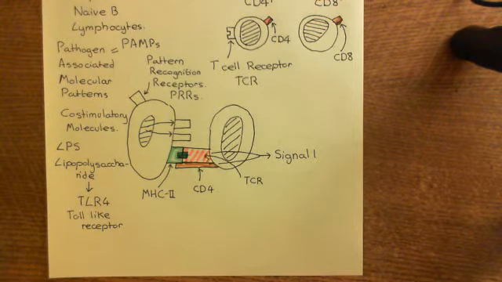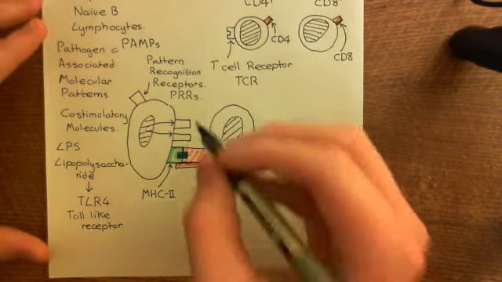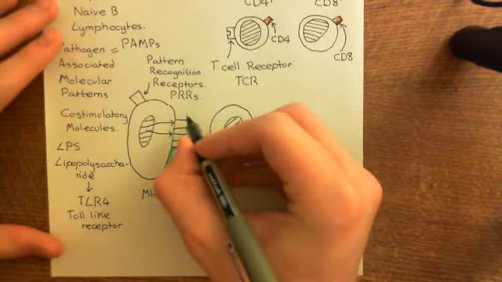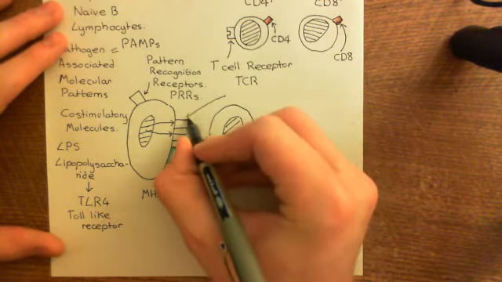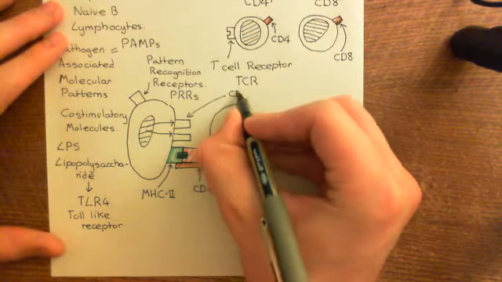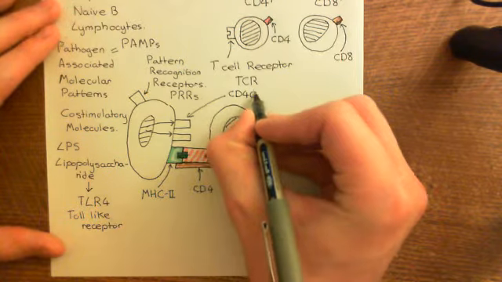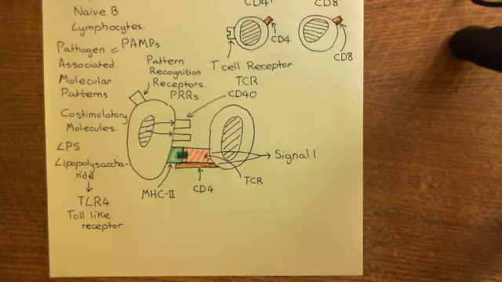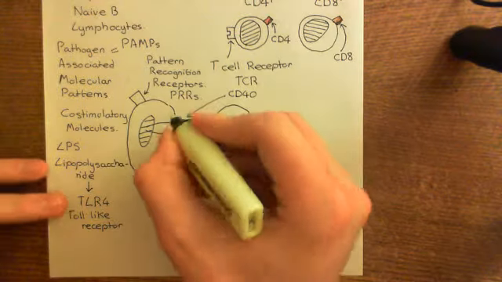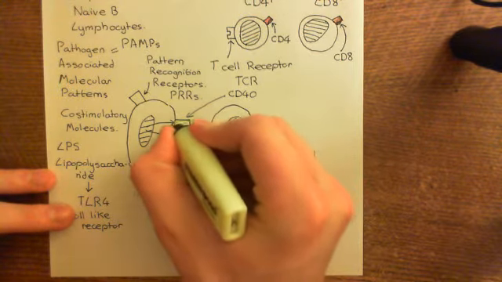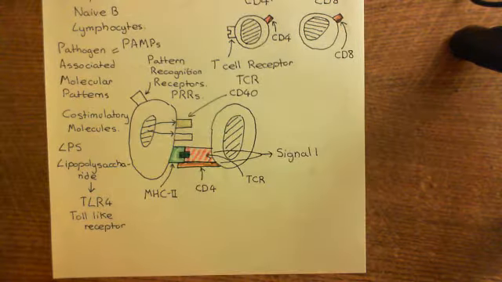Okay, so what are these co-stimulatory molecules? Well, one of them, which we'll have as this one here, is what is known as CD40. Okay, so I'll colour in CD40 in yellow, I think. So CD40 is here in yellow. Okay, and then the other one isn't actually set. It can be two different molecules.